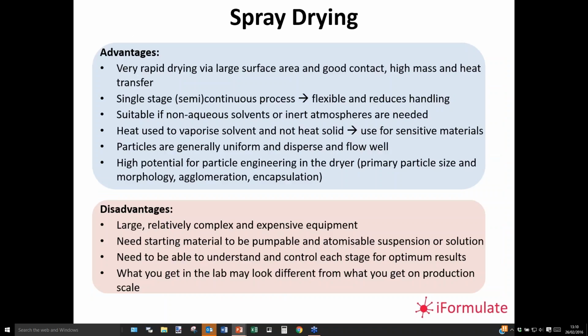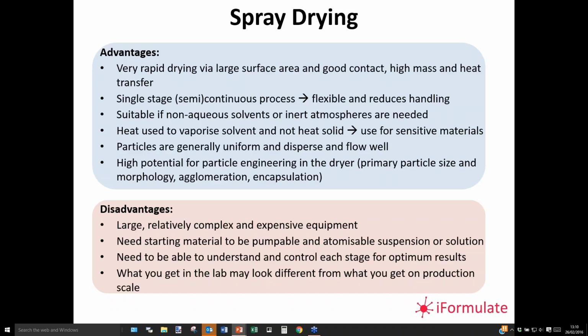So let's just run, before I hand over to David, let's just run briefly through the pros and cons of spray drying. Very rapid drying through a large surface area, good contact, high mass transfer, high heat transfer. It's a semi-continuous process, a single stage, reducing the handling that you need. It's flexible.